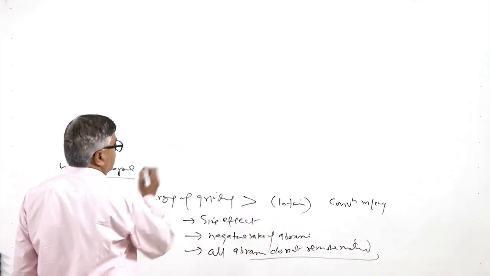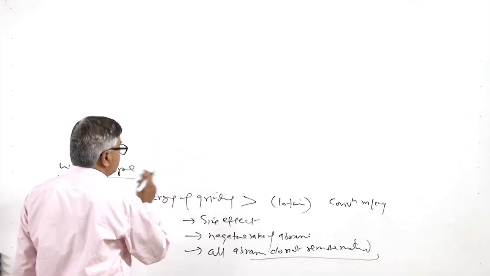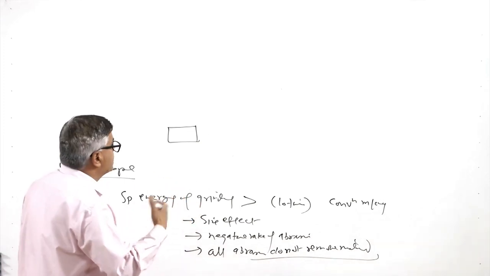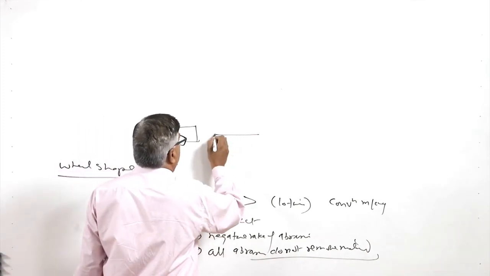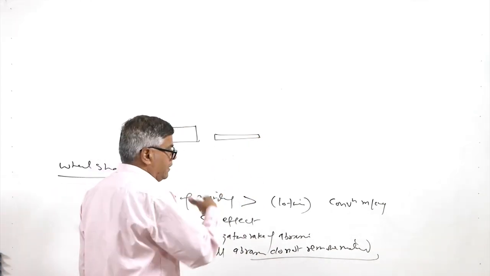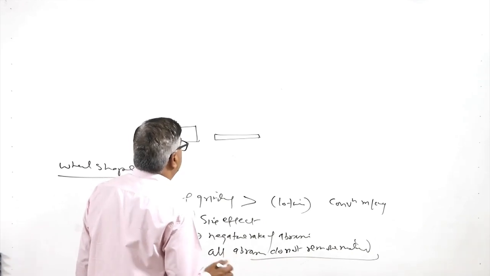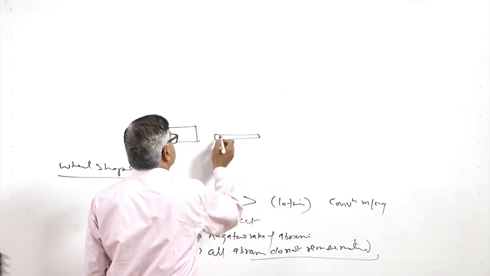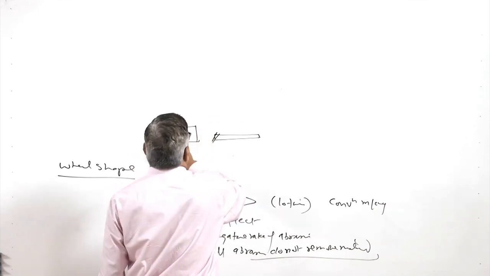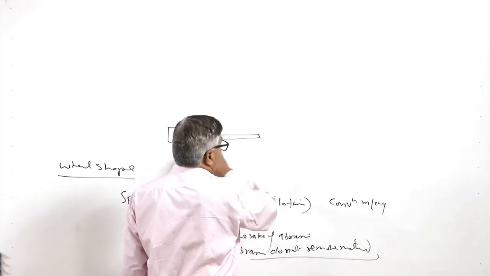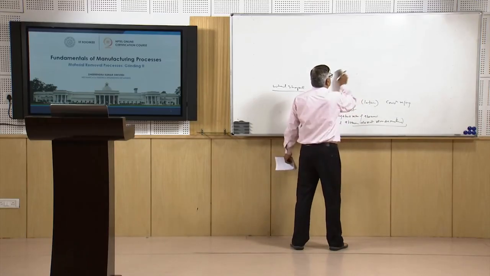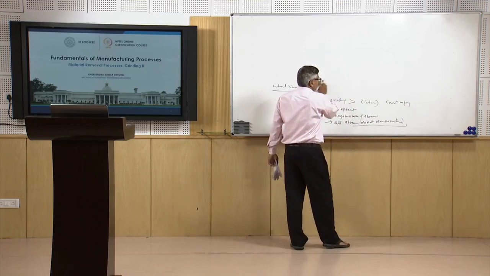We know that the size effect means what? If a thick chip is removed, then the specific energy is less as compared to the case when a thin chip is removed. This is what we have already learned from conventional machining itself, because in one case shearing needs to be done a number of times, and in the other case, for the same volume, shearing needs to be done just once, and the frictional effect experienced will also be more in the case of the thin chip as compared to the thick chip.